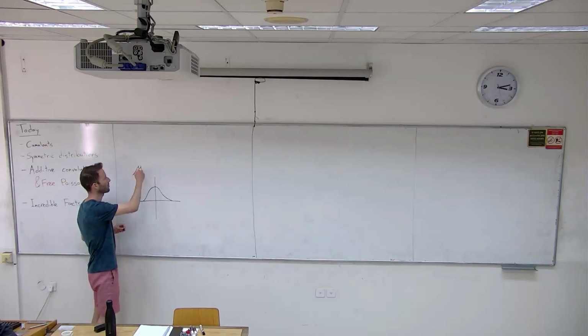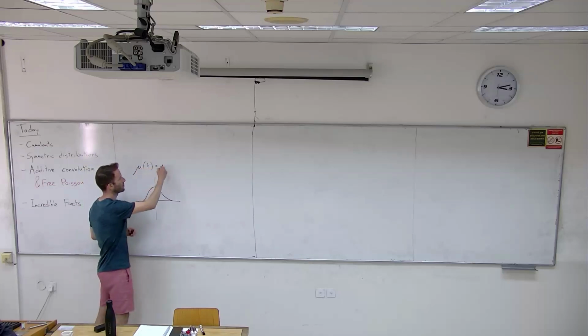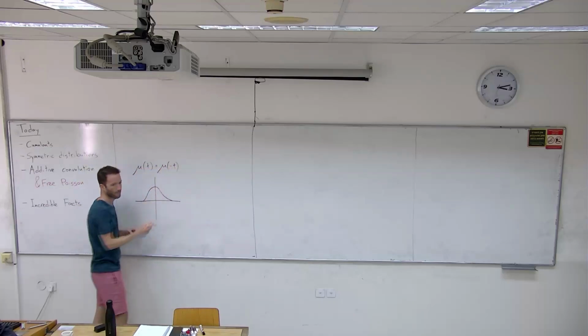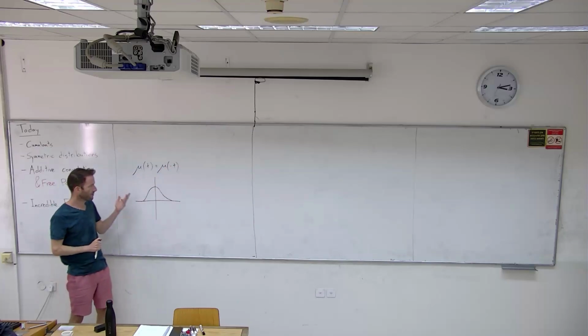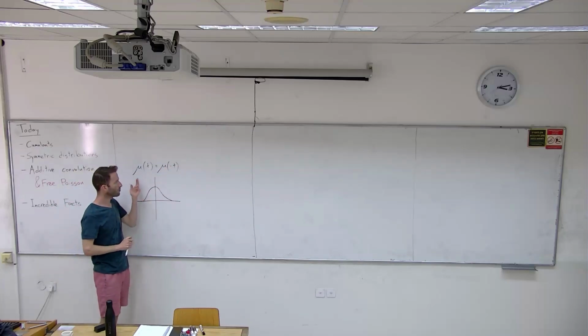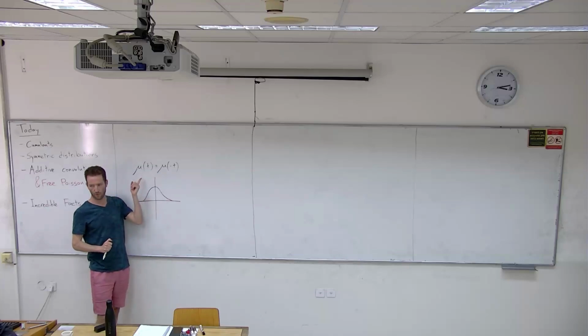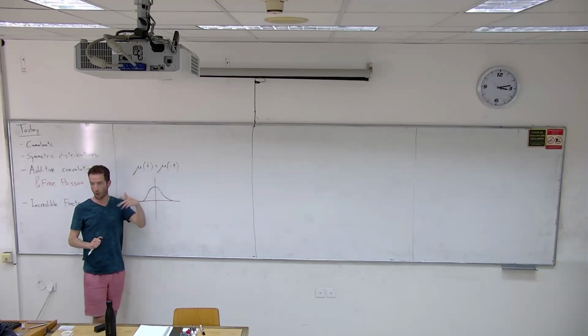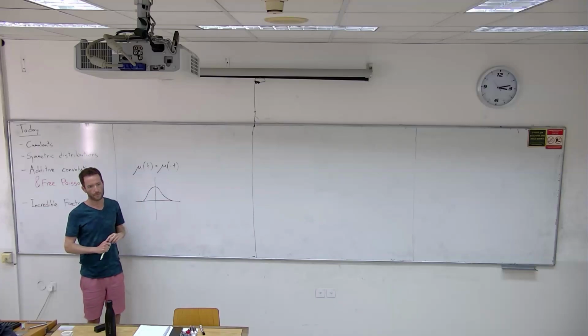So I think about a probability distribution mu, where mu of t equals mu of minus t. Okay, we've seen a few examples of these already, the semicircle and others. What would be the algebraic description for such an analytic distribution? If you think about the moments, the odd moments must be zero.